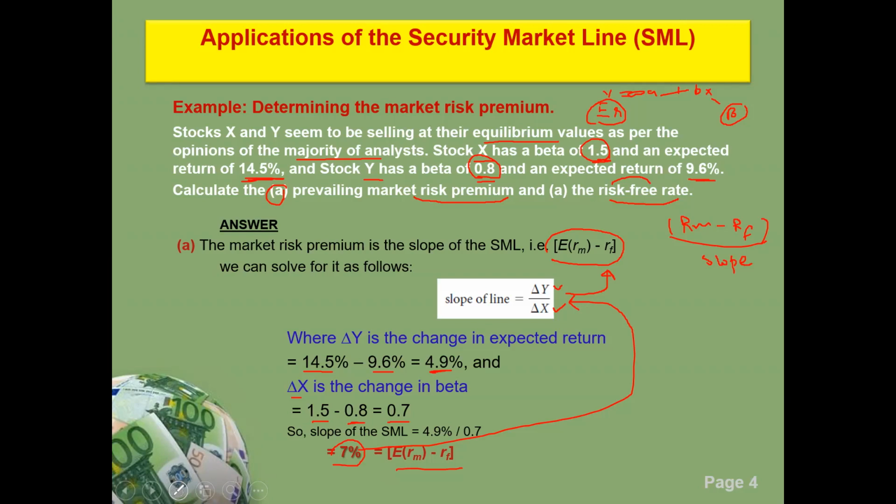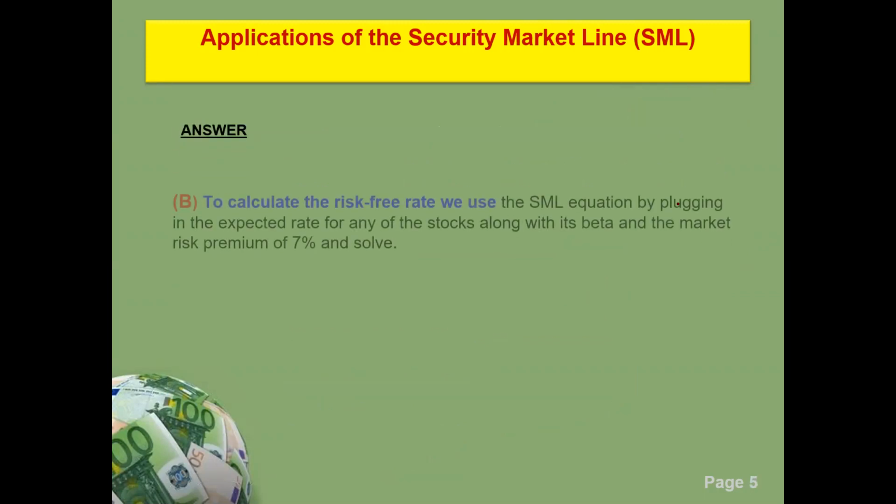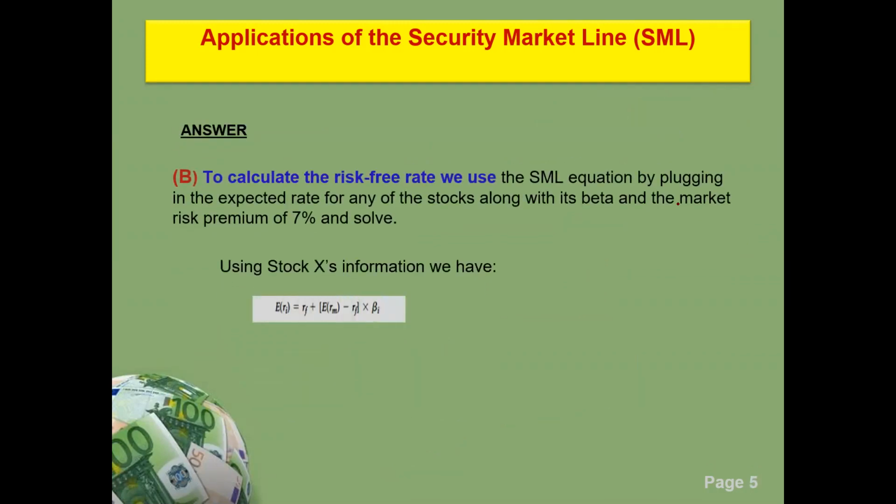So now we have the risk premium. The second thing we need to calculate is the risk-free rate. Now its job is easy. We just plug the values into the CAPM equation. We have found the 7% already.